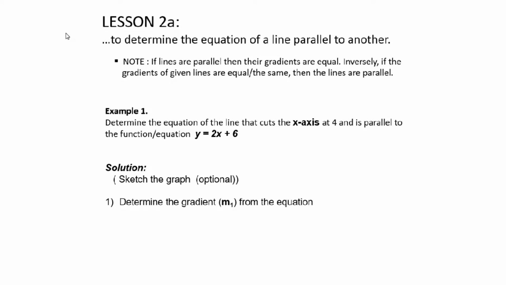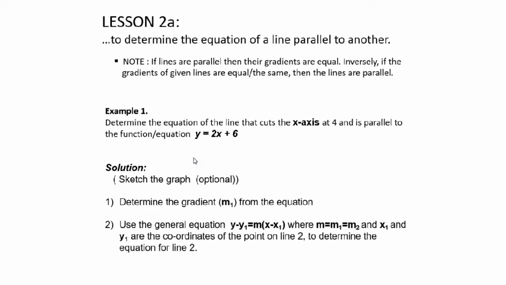Then we're going to determine the gradient from the given equation y is equal to 2x plus 6. And once we determine the gradient from there, we then use the general equation and the gradient to determine the equation of the line number 2. Now let us go to the board and show this.